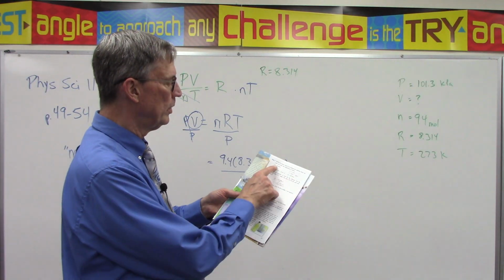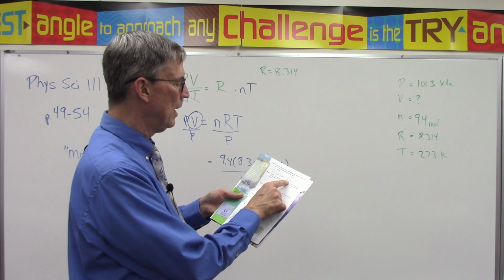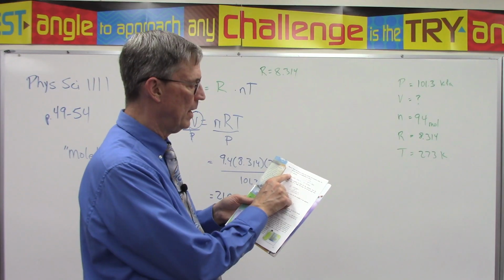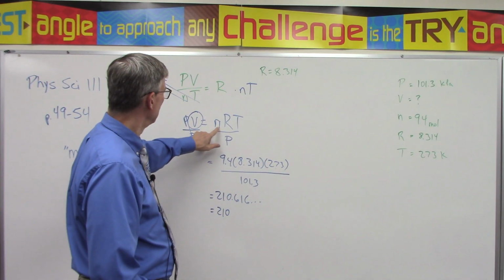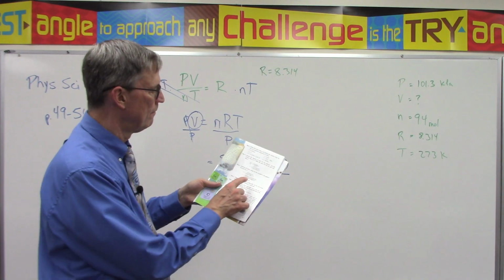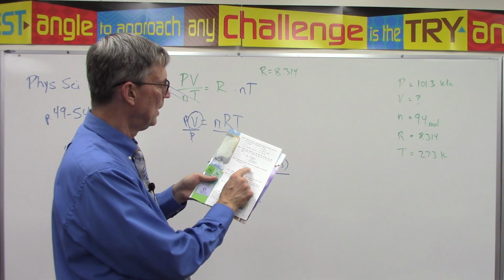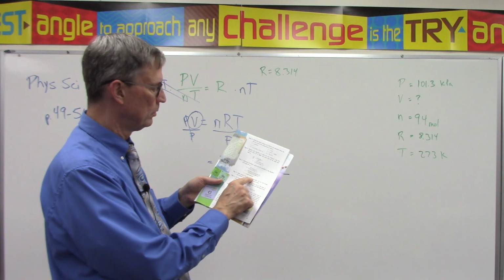And so they give all the information up here, and they even give you something else called M for mass, but they don't give you the N. So you solve this. Okay, we're going to solve for N, so we're going to divide by RT on both sides. So that's what they have here. And then you plug in everything and you get the N value, and that's the number of moles, okay?